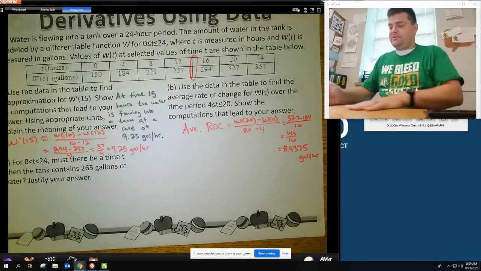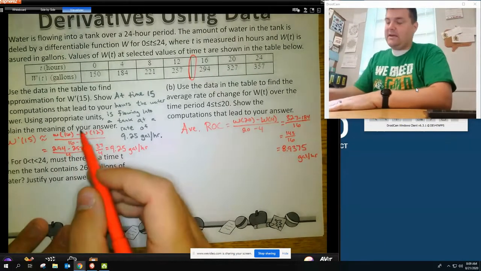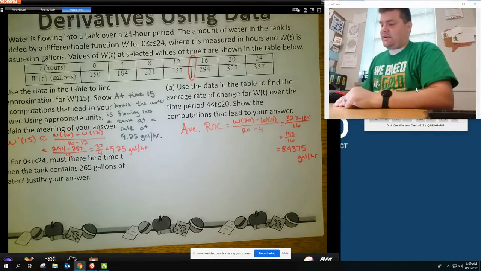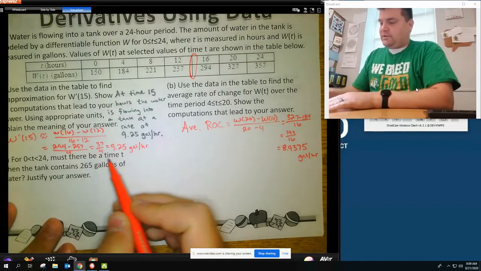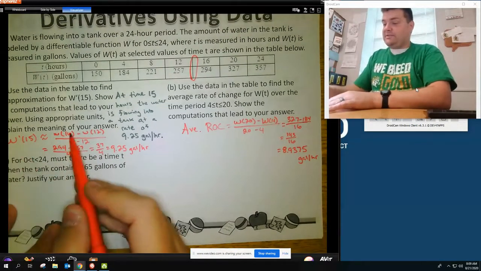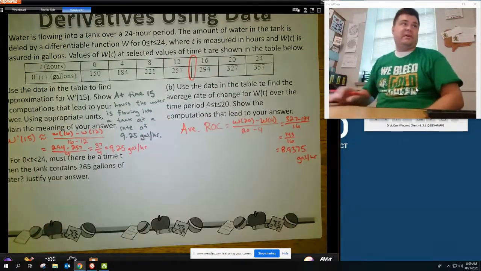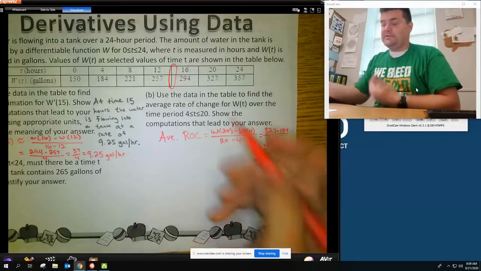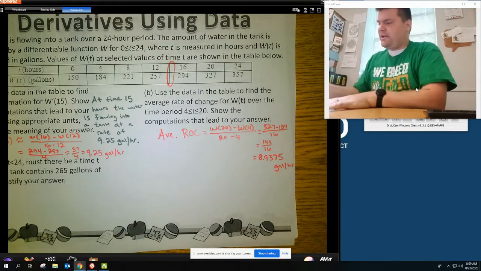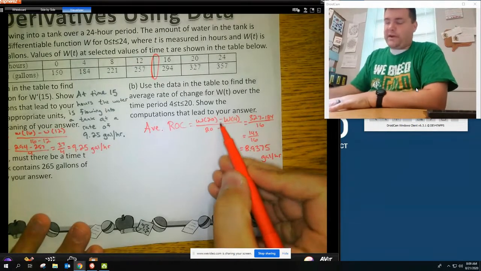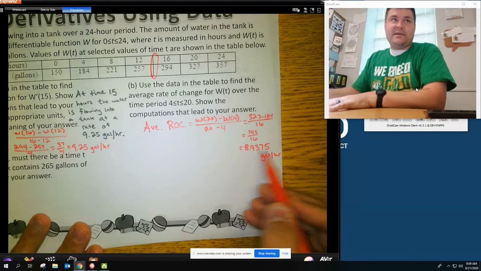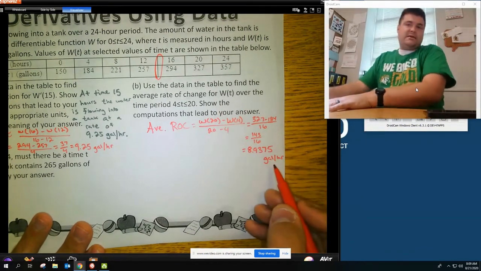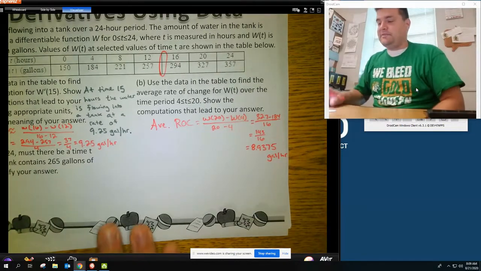But they don't have to say this part, using the appropriate units, to make it a point. All right, so just be aware. So that's 1, 2, 3 points, and then since this one asks explain your meaning, that'd be another point right there. So part A would be a 4-pointer, whereas part B could be either 2 or 3, depending. Again, you're going to get a point in the setup, and then a point on the answer, and then they don't specify units, so they may or may not tack a point on there for the units.